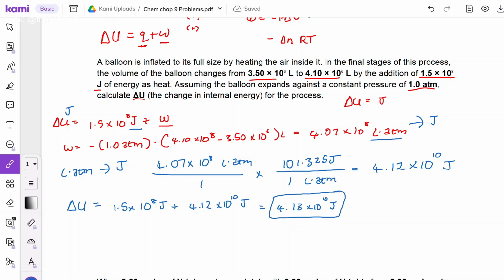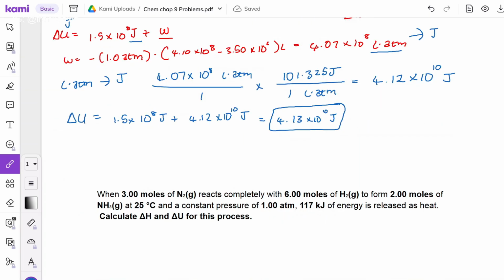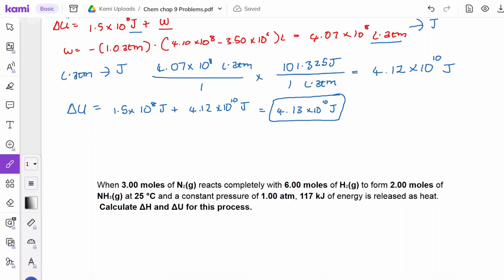There's your final answer. For this next problem, we're going to expand a bit more on, once again, the internal energy and the enthalpy. When you look at the problem, you see moles are given, and we need to solve for the internal energy.